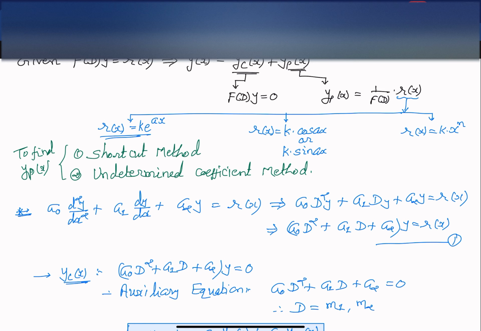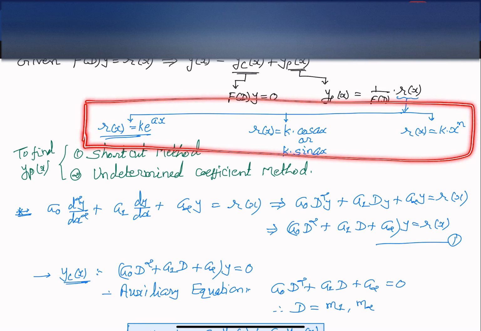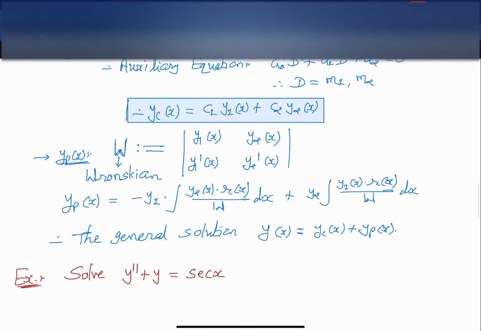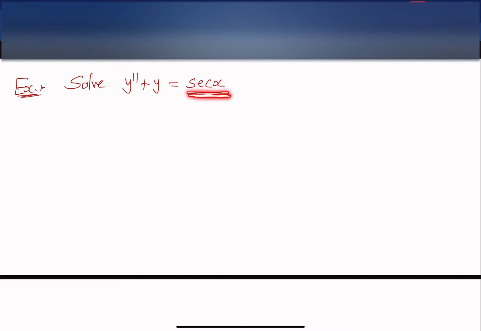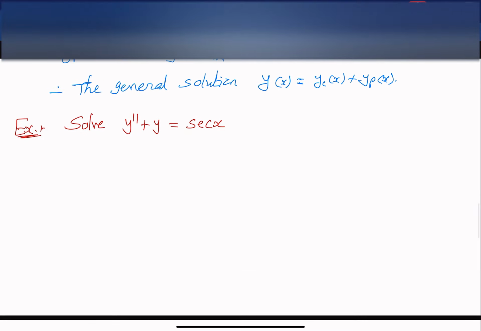And so the variation of parameters method is useful, because the earlier method is useful only for these particular cases: exponential, trigonometric, cos or sine, or polynomial. If you are given this kind of function, sec x or log x, right? For example, if I write another example, then say this is exercise number 1.